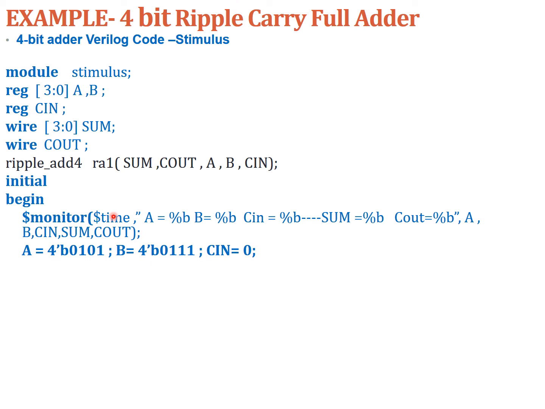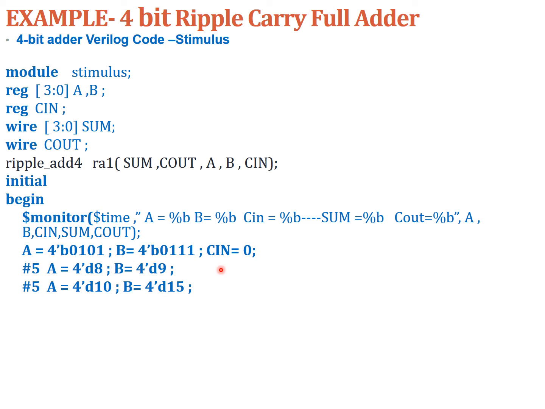Here we are giving the values randomly. We have just given some values for A, B and C in. So 4-bit values are given. We are not checking it for all the cases, just some 5 to 6 cases. We can mention the values either in this format, 4-tick binary, or in the decimal format. We can observe that from this value to this value, we are giving a delay so that the program works appropriately. After 5 time units, we have changed the A and B input.